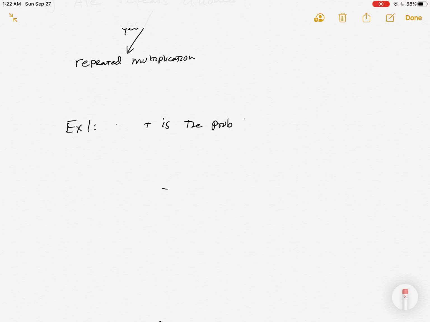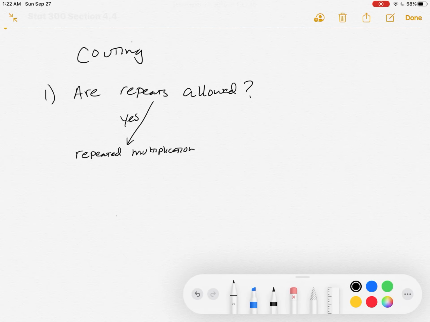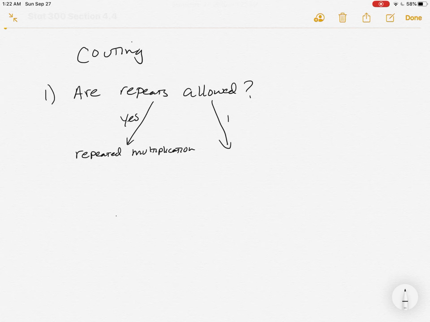So just taking a moment to erase this so we don't get too far below this graph. So the answer absolutely could be no. And if it's no, that's when we ask the second question. Does order matter?